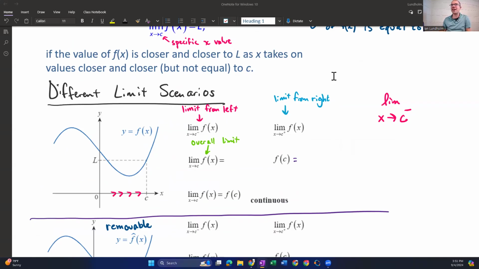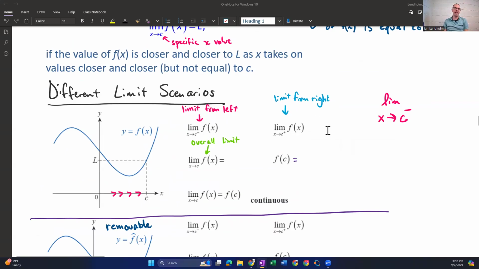There's a little minus sign kind of in the exponent spot above C. New notation, but the way that we read it is that it is a limit from the left, and we would consider approaching this special value C from values that are beneath it on the number line.